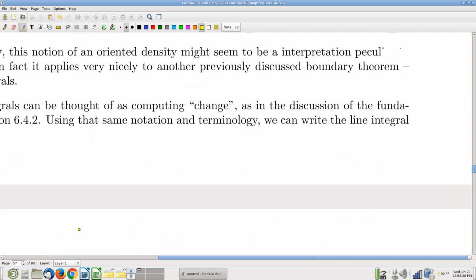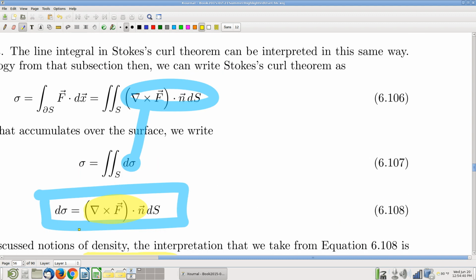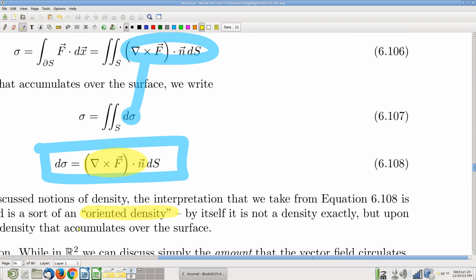Same deal with Stokes' curl theorem. There is circulation happening. This vector field is circulating. And curl kind of tells you how much circulation there is happening per unit area. But the curl is happening in a certain direction, and you have to do a dot product with your normal vector to see how much you're actually realizing that. Okay, so same idea then.